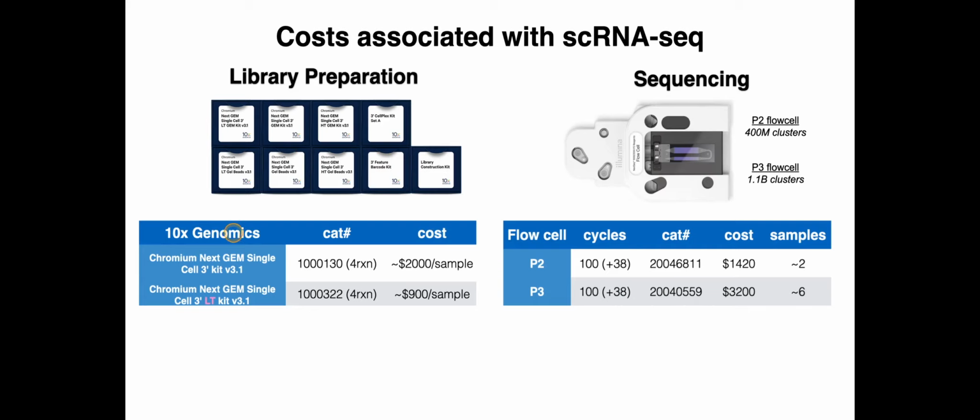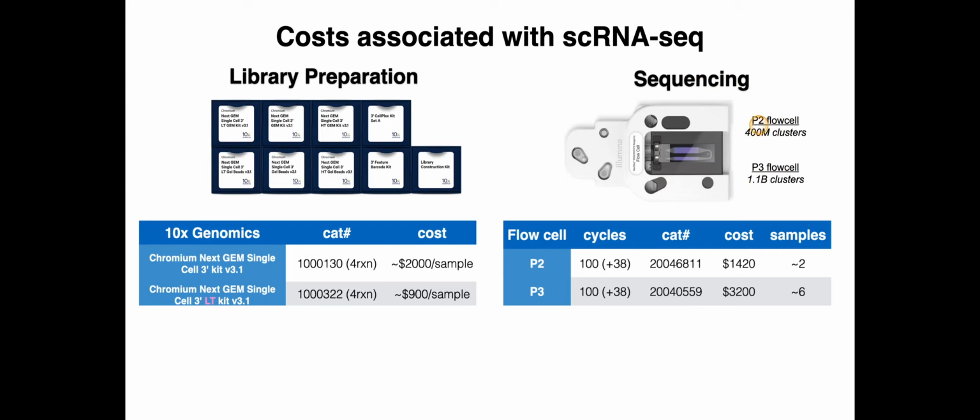Again, I'm talking about the 10x Genomics platform, and I'm going to be talking about sequencing on a NextSeq 2000, which offers a very appealing, affordable, and flexible way to sequence single cell libraries because we have two main outputs. We can output 400 million reads, or we can use the P3 flow cell to output 1.1 billion reads.